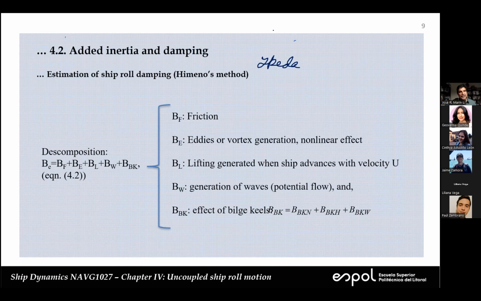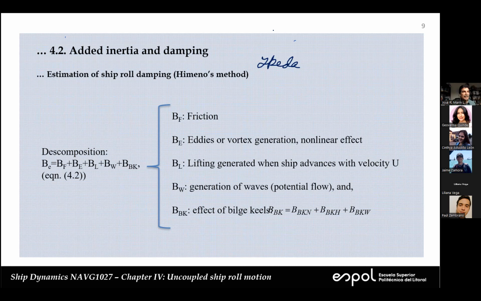Okay? Generation of waves. This can be calculated using our concepts from chapter 2, potential flow. So in this case, you work with the velocity potential function. With that, you generate pressure. With pressure, you generate forces, and forces generate moment. I did this calculation using finite elements, we solved a 2D problem, and I insist, potential.